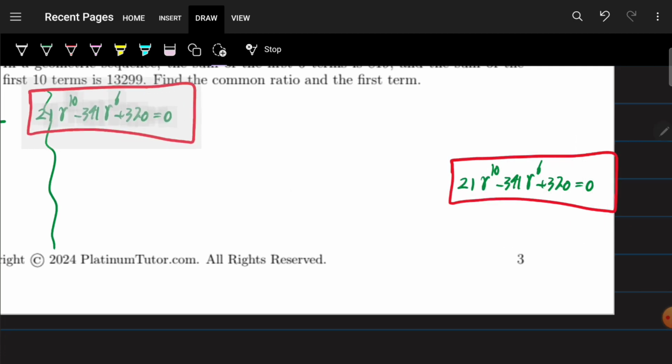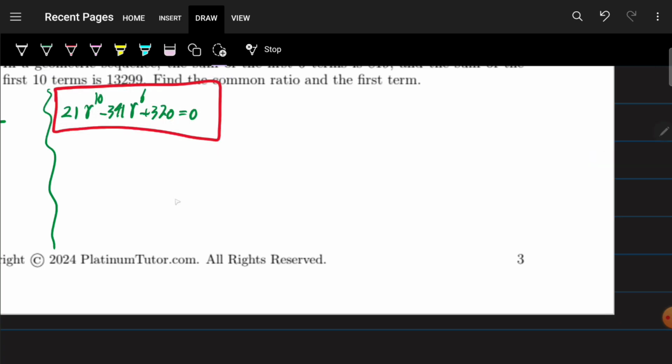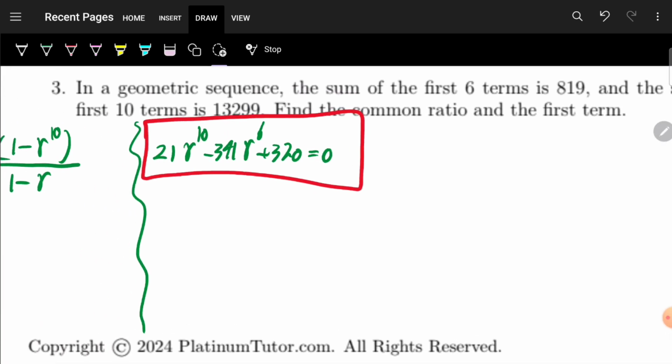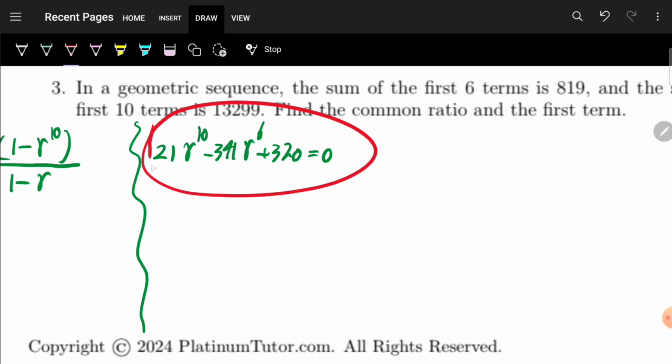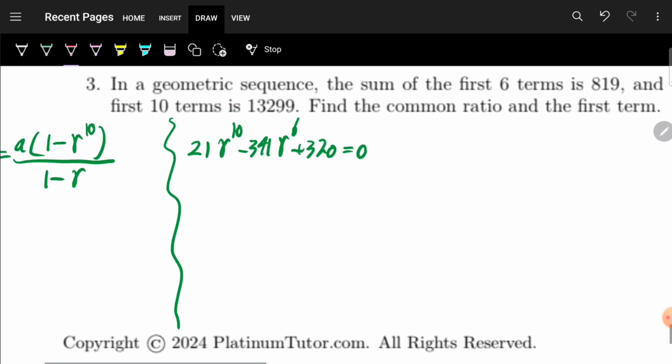Later on, we'll learn about something called the remainder theorem and the factor theorem. Those essentially tell us that if we are trying to solve something like this, other than just straight up guessing, we can look at the factors of 320.